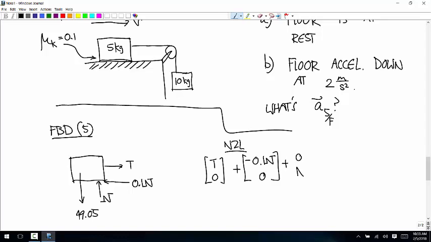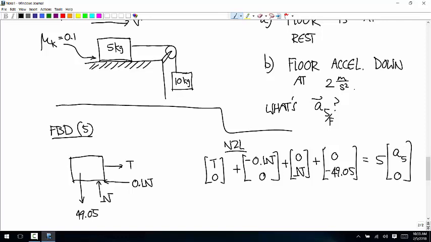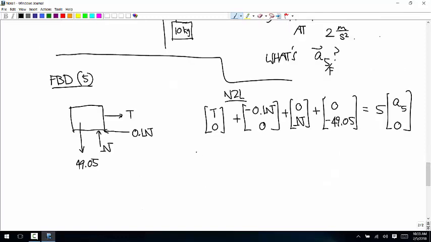The normal force is 0, N. The weight force is 0, negative 49.05. And then what do we know about the acceleration? It's in the x direction, so I'll call this a5, 0. The y equation says N is equal to 49.05.